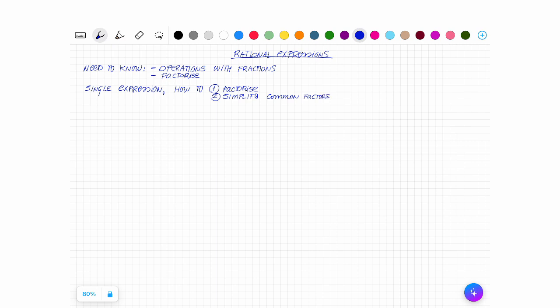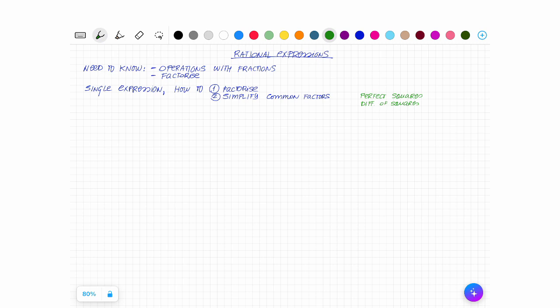And for this one, especially for your quadratics, it's good to remember your perfect squares and your difference of squares, because it's going to make your life much easier when you're factorizing.